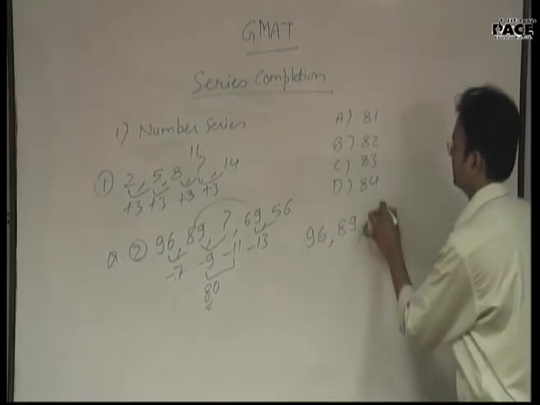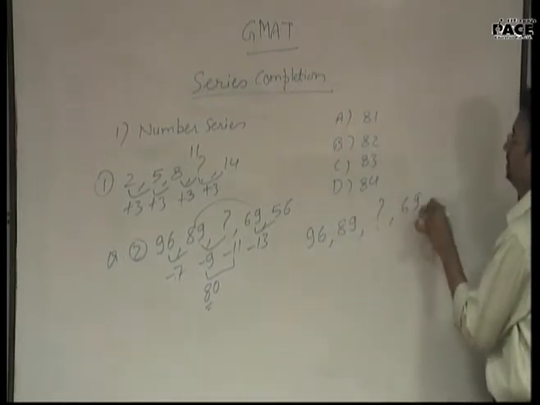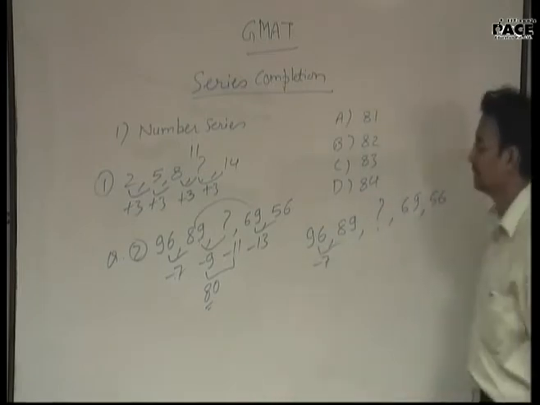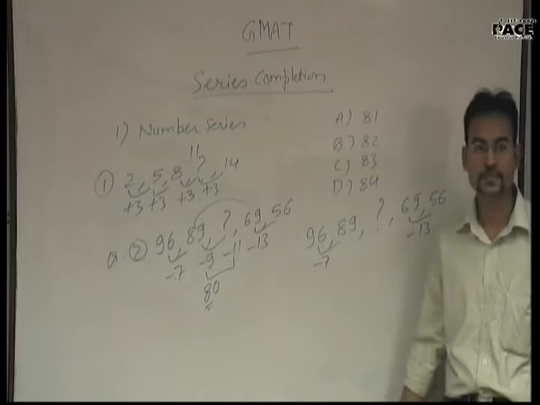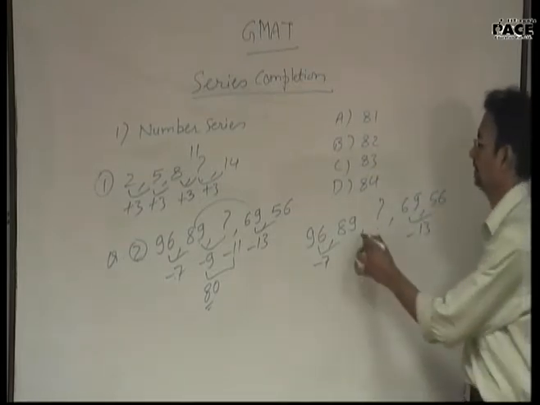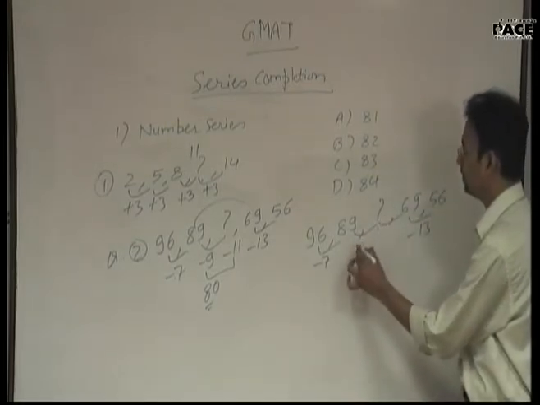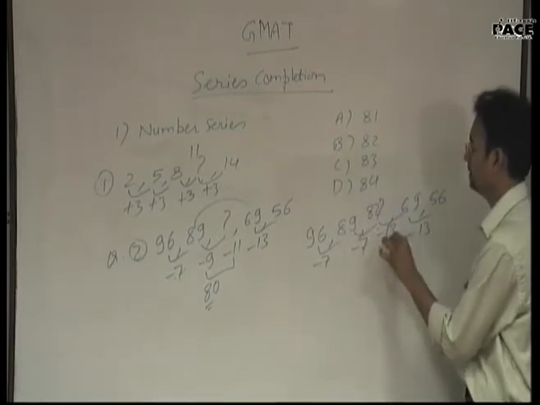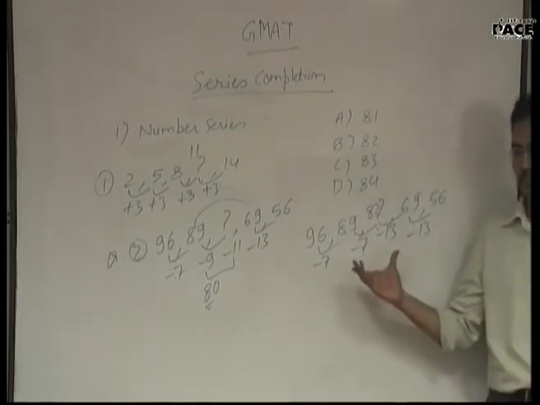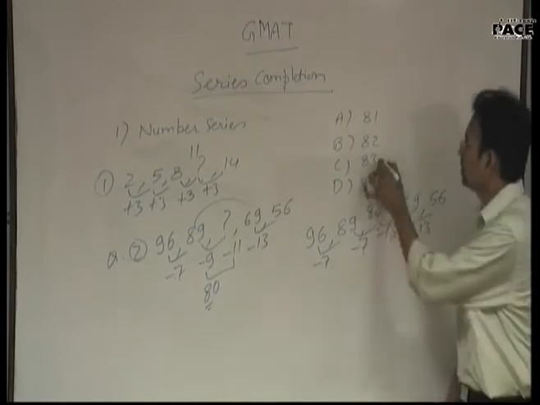I write the series again. It is -7 here, it is -13 here. Can we repeat it? This time it is 82 and the difference is -13. So one answer which is also possible is 82.